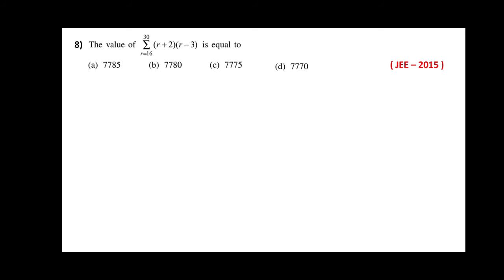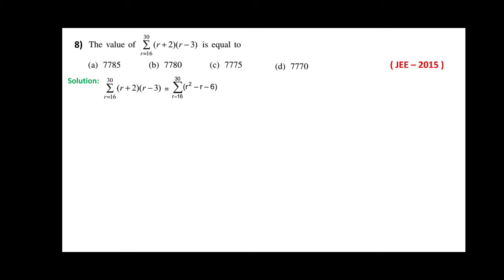Now, we can observe the solution: summation of R plus 2 into R minus 3, as R is equal to 16 to 30. Now we have to multiply R plus 2 and R minus 3, it becomes R square minus R minus 6.